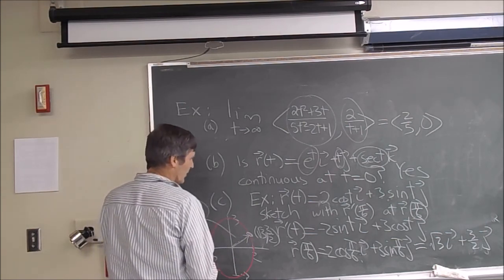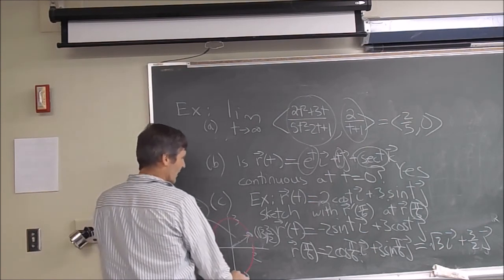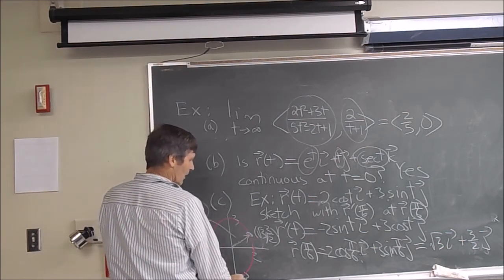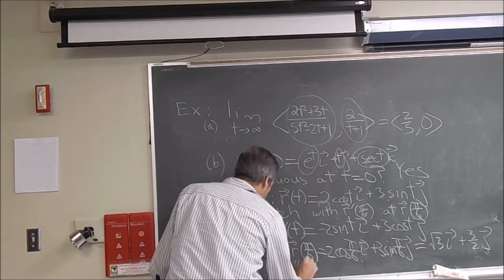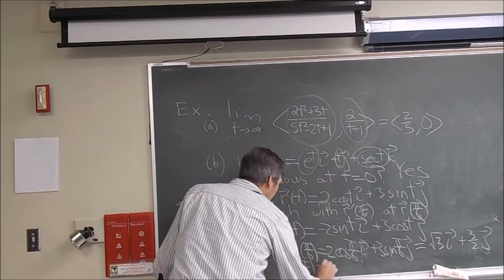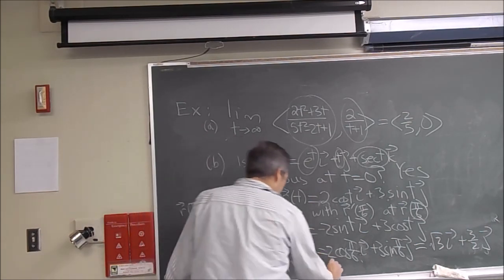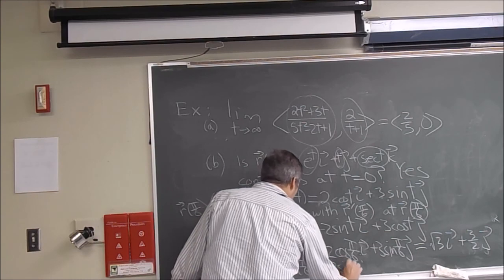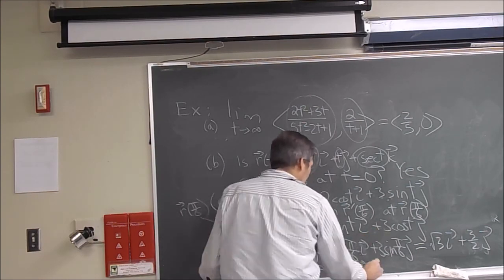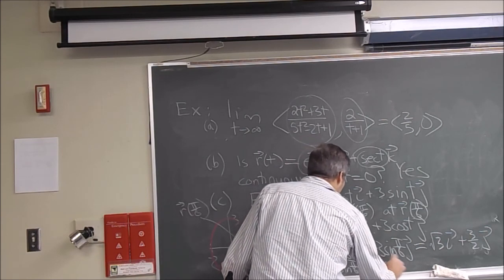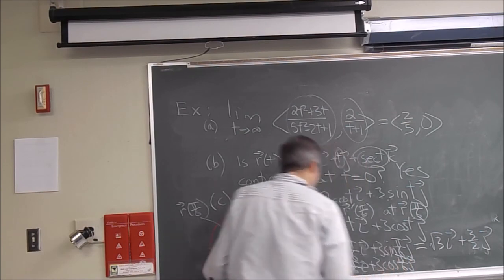When we compute r prime of pi over 6, we draw it at r of pi over 6. So r prime of pi over 6 is now minus 2 sine pi over 6 i plus 3 cosine pi over 6 j.